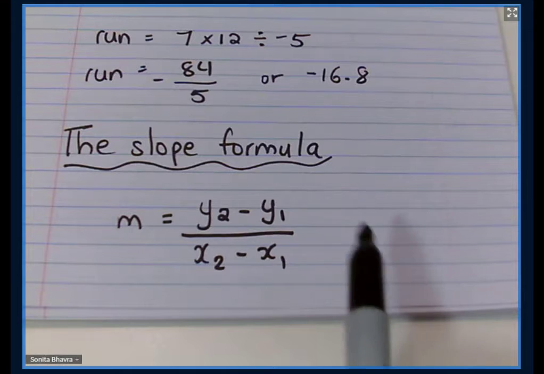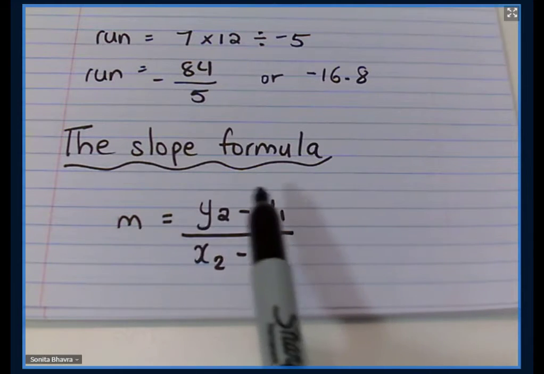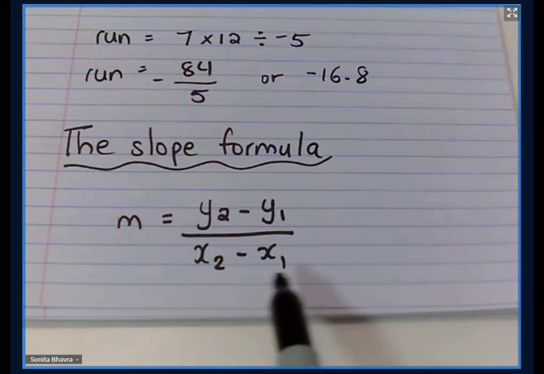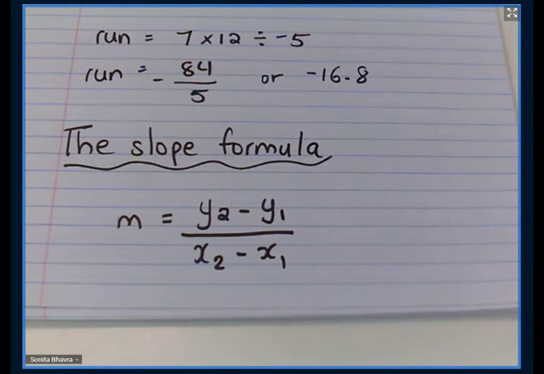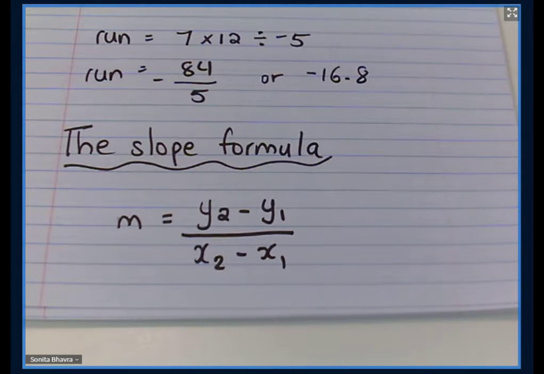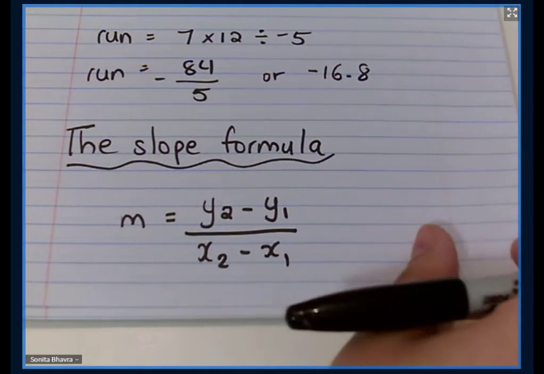All right, so notice our rise is still our y values, which represent the vertical, and our run is the x values, which represent the horizontal distance. So let's take a look at an example using the slope formula.